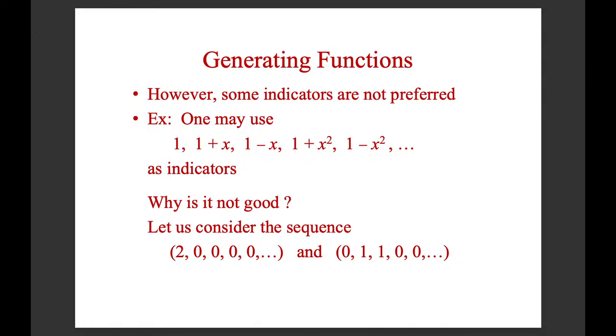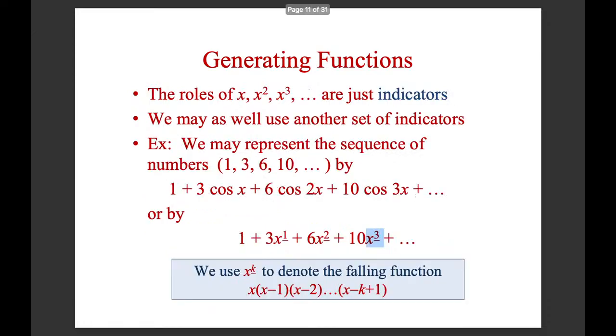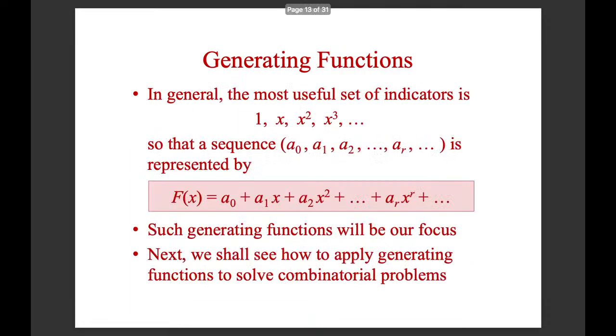We had better multiply the term that we like to store by a different power of x. So the constant term is 1, the next term is multiplied with x, the further term is multiplied with x squared, and so on and so forth, so that we don't mix the numbers in the sequence together.